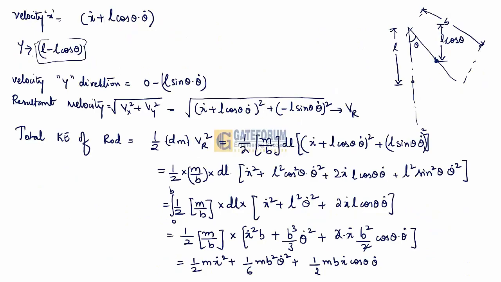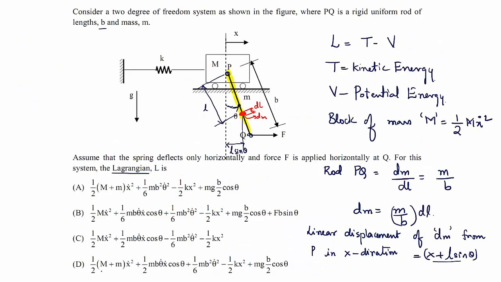Okay, Lagrangian, right? So here I think it is option D. That is both the translation energies of small m and capital M, and 1 by 2 times m b theta dot x dot cos theta, and 1 by 6 times m b square theta dot square, k x square and mgb by 2 cos theta.